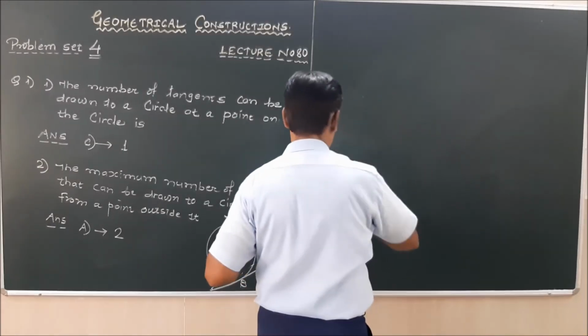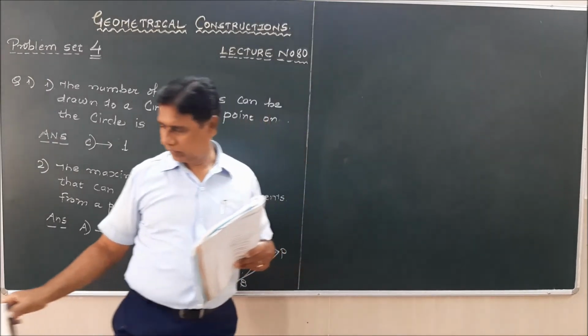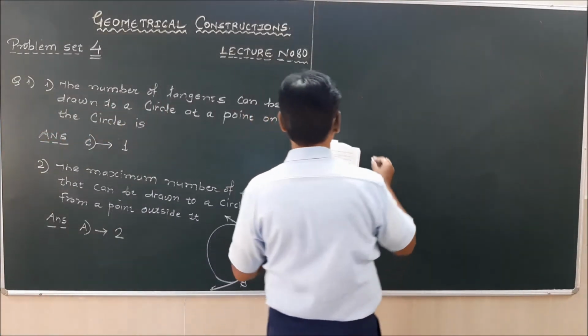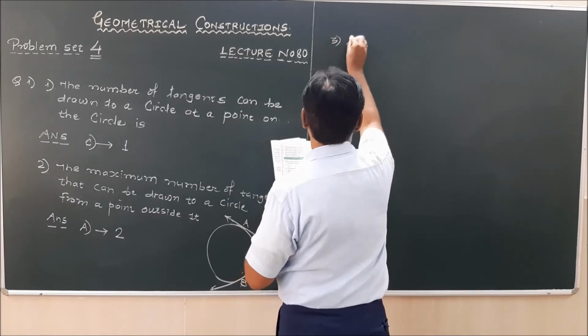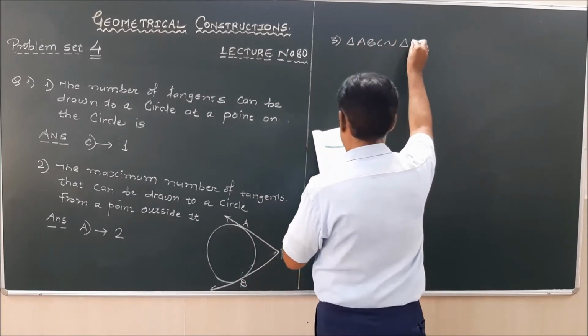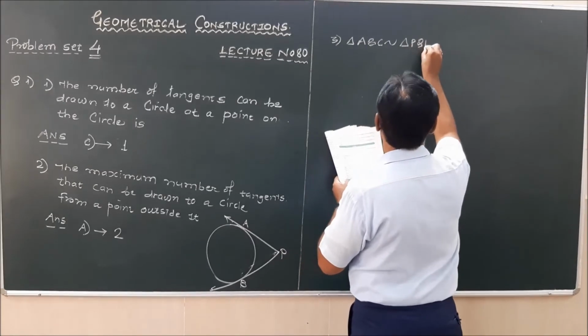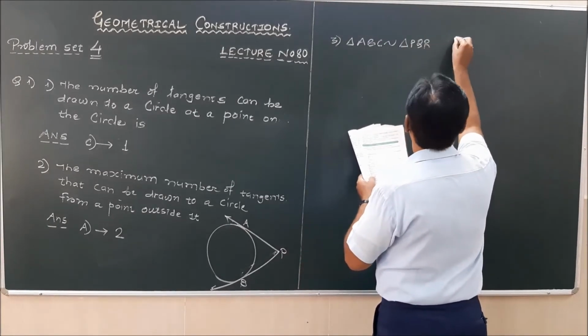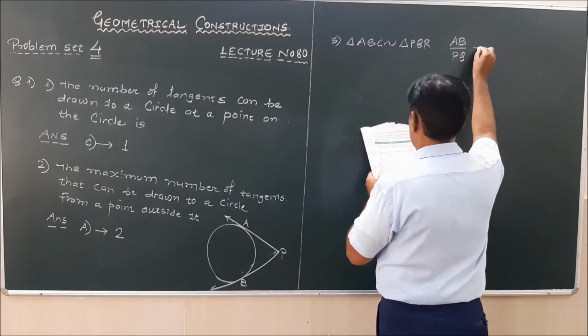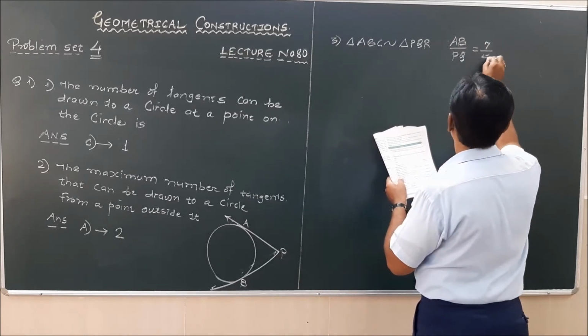Third one: triangle ABC is similar to triangle PQR, and AB upon PQ is equal to 7 upon 5.